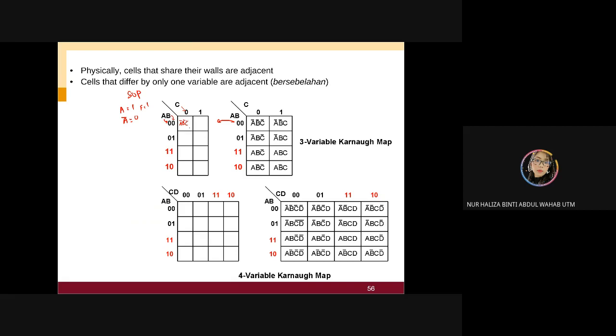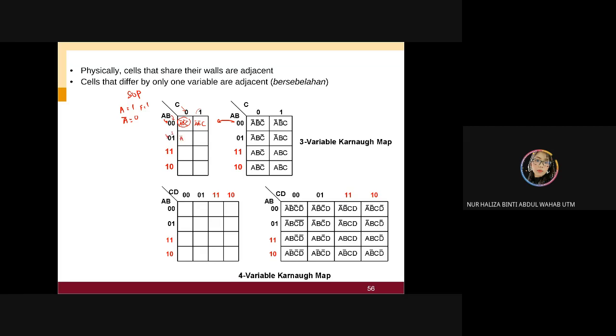So here I'm going to have this Boolean expression for this cell. Next cell, I have the similar thing. My AB is 0, 0, so I'm going to have A bar, B bar. And my C now is changed. It is C because the value is 1. So next, I see my A is 0, my B is 1.